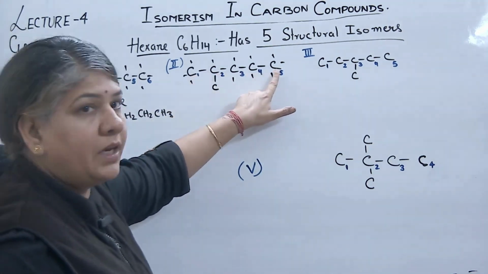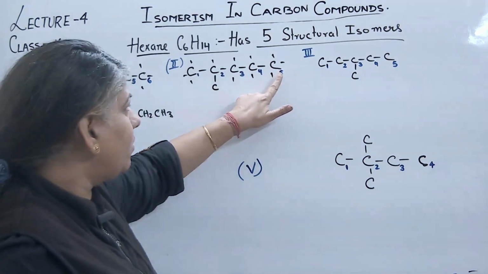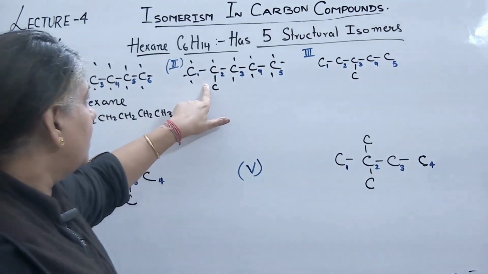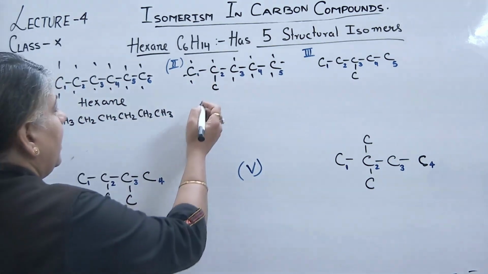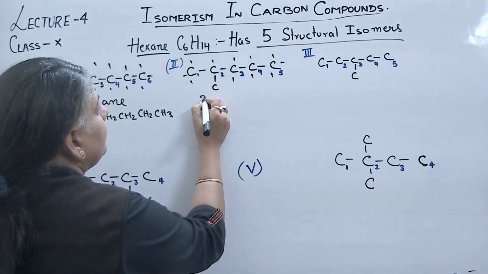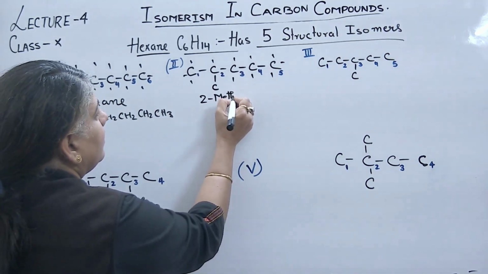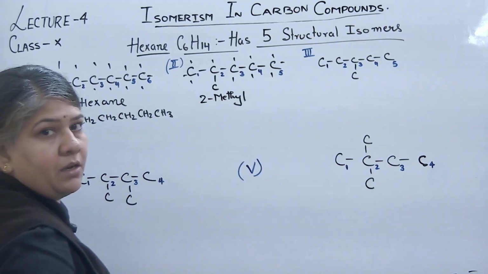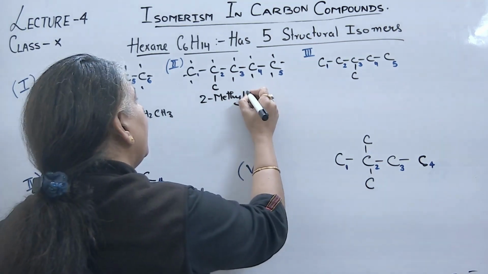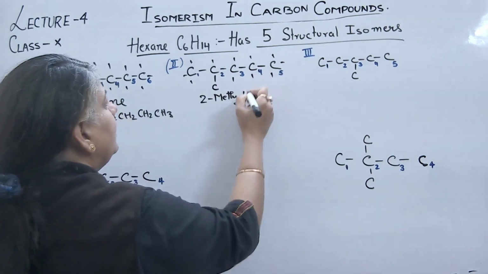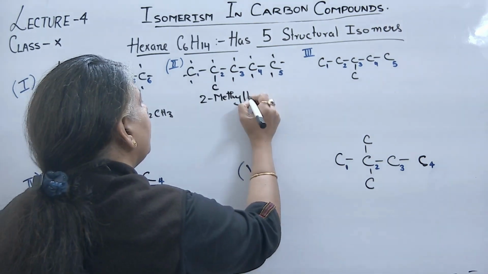This carbon chain is reduced to 5 because the 6th carbon is now attached to carbon number 2. So the name will be 2-methyl. The parent name is not propane, it is pentane. 5 carbon chain, so it is 2-methylpentane.